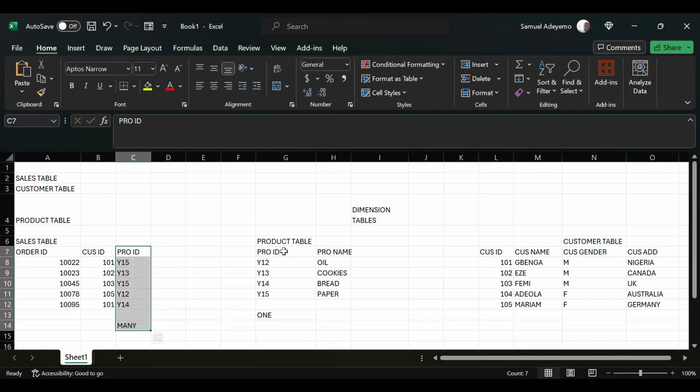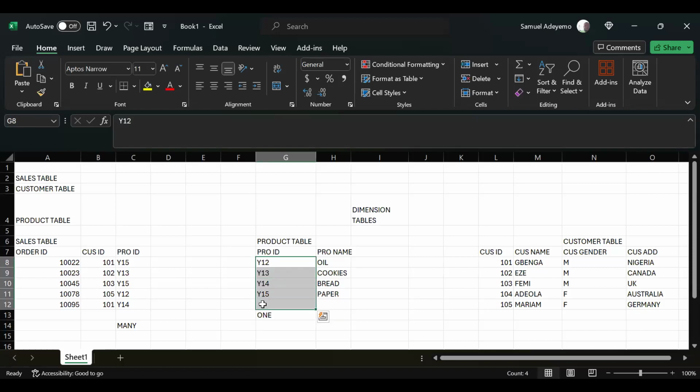Shall I come again, guys? The product table is the dimension table, a unique list of products, no duplication. The cardinality of this primary key on this table is a one cardinality because it's a unique list.